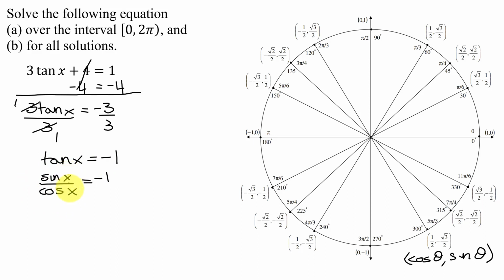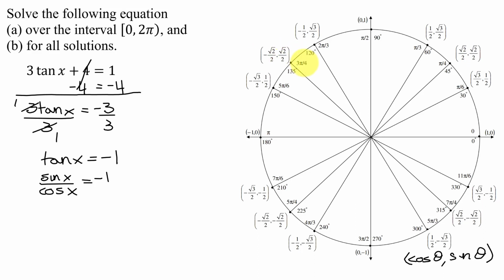If the sine of x divided by the cosine of x is negative 1, it means the sine and the cosine have to have opposite signs, but the same absolute value. So going round my unit circle, in quadrant 1, the cosine and sine are both positive. But in quadrant 2, they're opposite in signs.